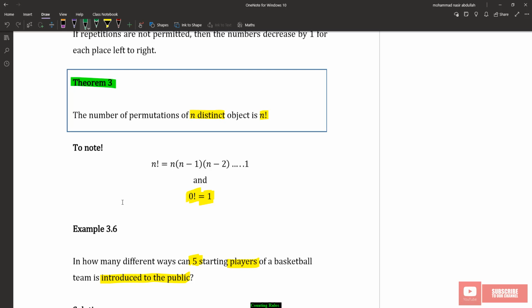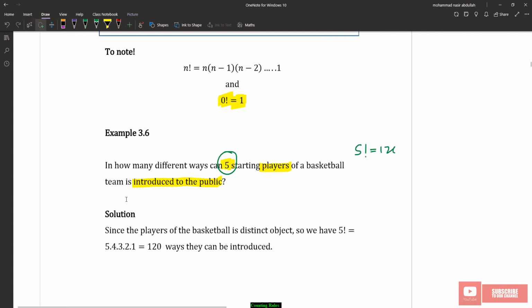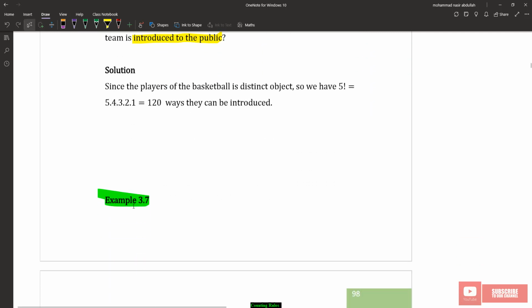So these are 5 unique players. To know how many ways to introduce the basketball players, it is 5 factorial, which is equal to 120. This is 5 factorial, not S. Okay, a very simple example.